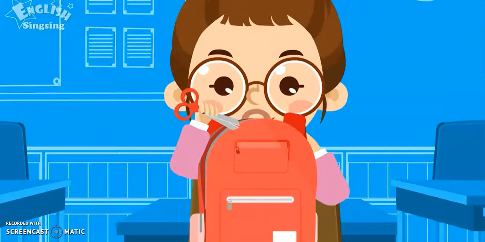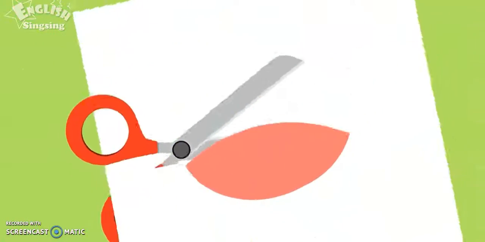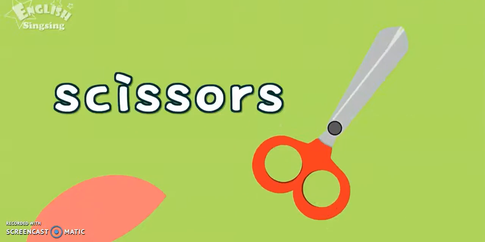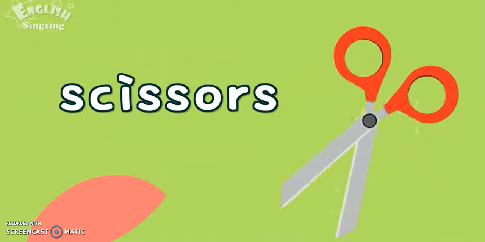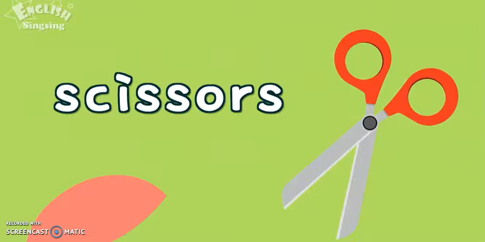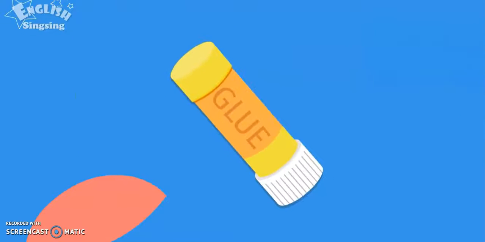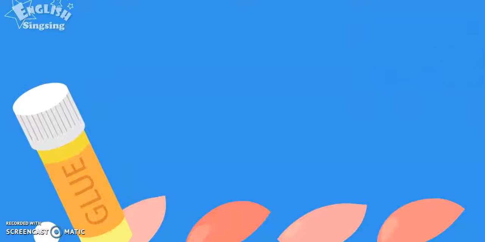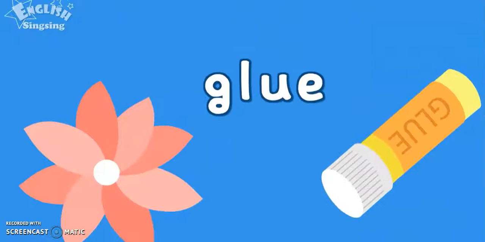These are my scissors. I can cut the paper. Scissors. It's my glue. I can stick them with it. Glue.